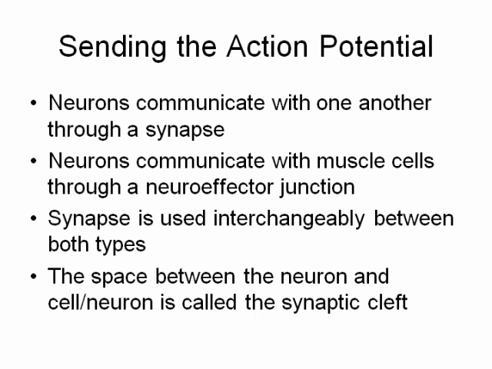Now, when we talk about this, the space that is found between a neuron and a muscle cell is what we refer to as a neuroeffector junction. When we talk about the space between a neuron and a neuron, it's a synapse.